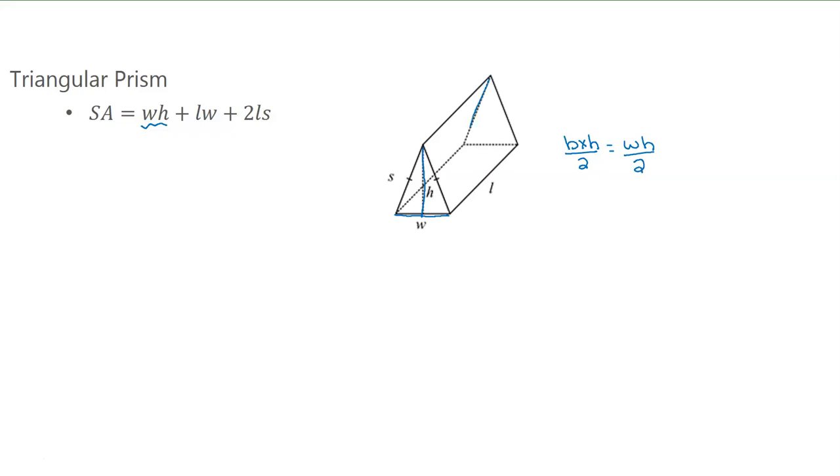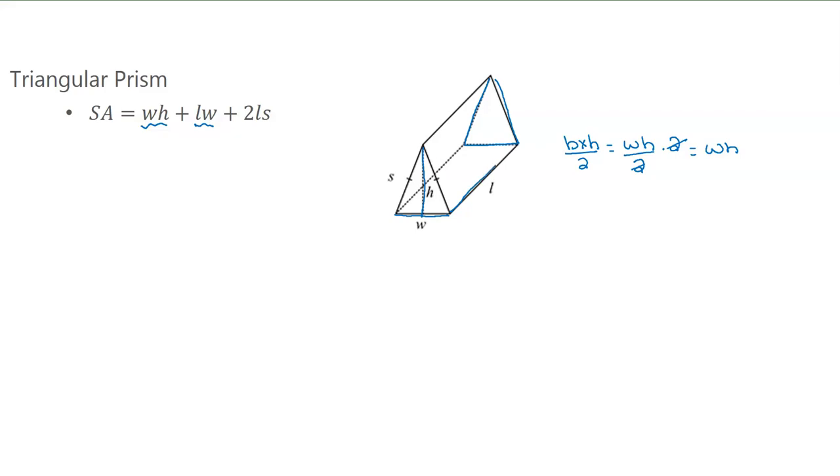But we have to consider the fact that there are 2 triangles, one in the front and one in the back, that are equal. So if I times that by 2, dividing by 2 and multiplying by 2 cancel. So that's where WH is coming from. It is the front and the back of the triangular prism. Now what is LW?